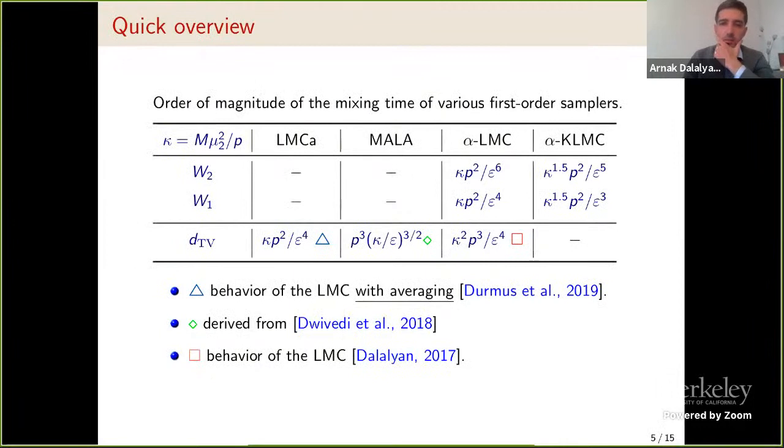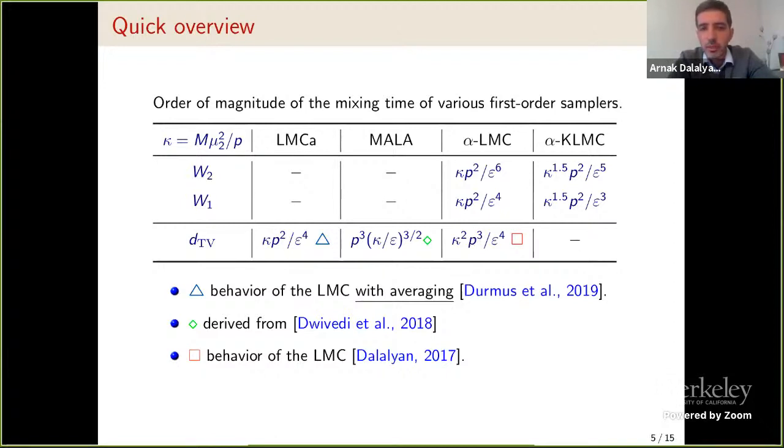And let me start now. Let me give a quick overview of the results before going to the details. As I have already told, we want to understand the order of magnitude of this k, the mixing time.